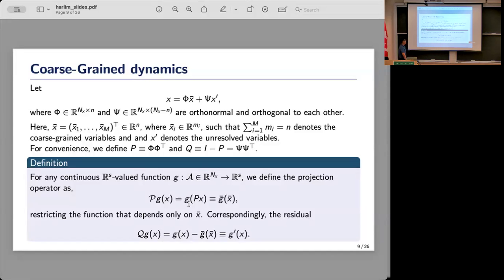It's just the standard thing of restricting the function to depend only on the resolved component that you're interested in. Correspondingly, script Q denotes the orthogonal or residual component.